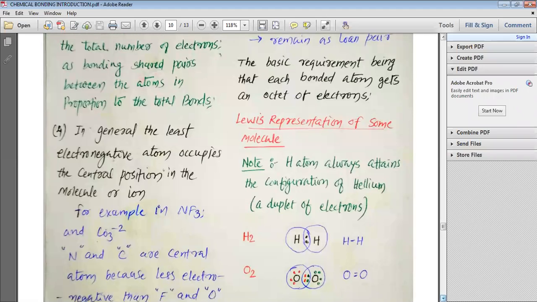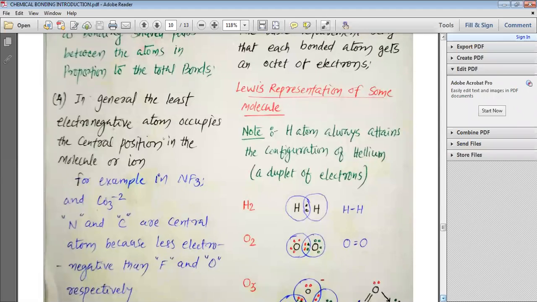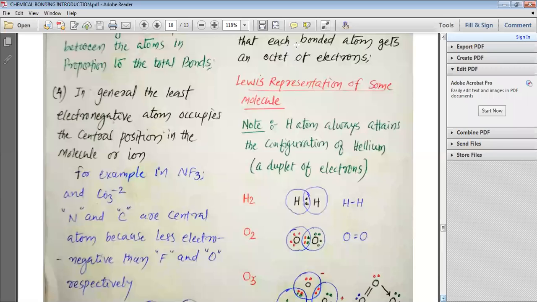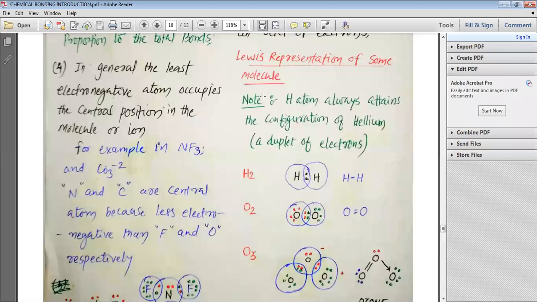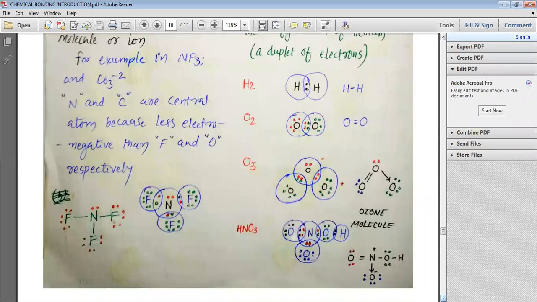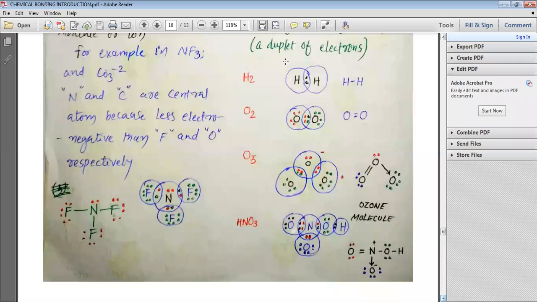So this is what we should try to do: each atom should attain the octet, but remember the hydrogen should attain the duplet. Now, Lewis representation of some molecules. Note, the H atom always attains the configuration of helium, that is the duplet. First is your H2.